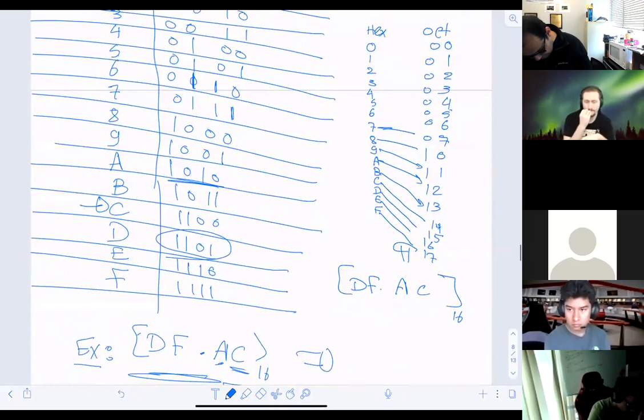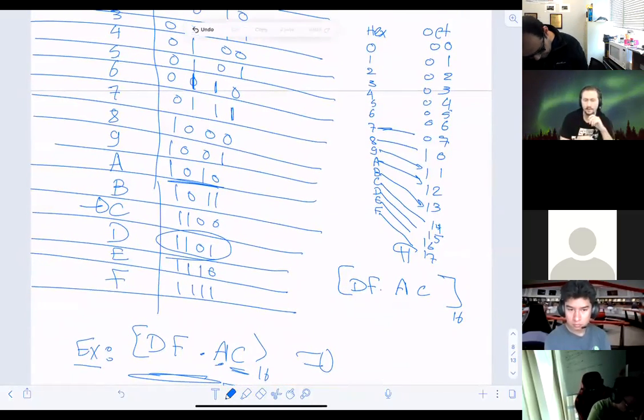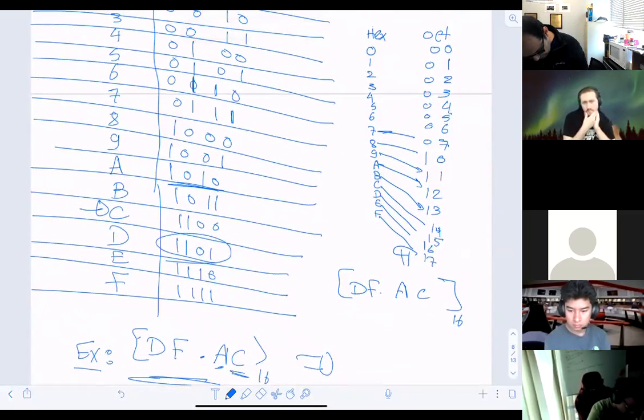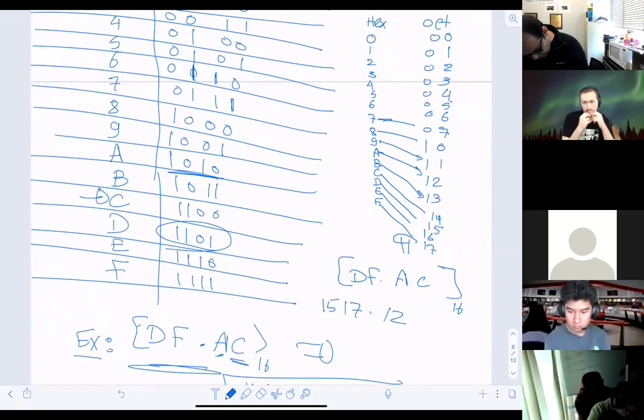Okay, let's go into it: D is 15, and F is 17, so 15, 17, then A is 12, C is 14, and this is actually what? Octal, right?